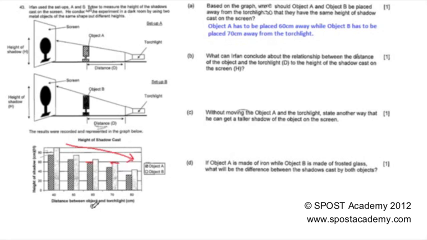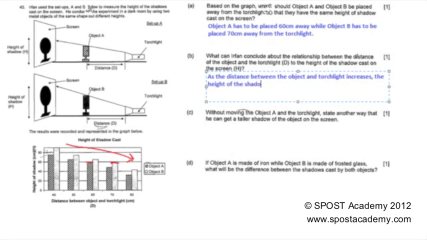It means that the further the distance between the object and the torchlight is, the height of the shadow will actually decrease. So again, we have to put in the answer. As the distance between the object and torchlight increases, the height of the shadow decreases.